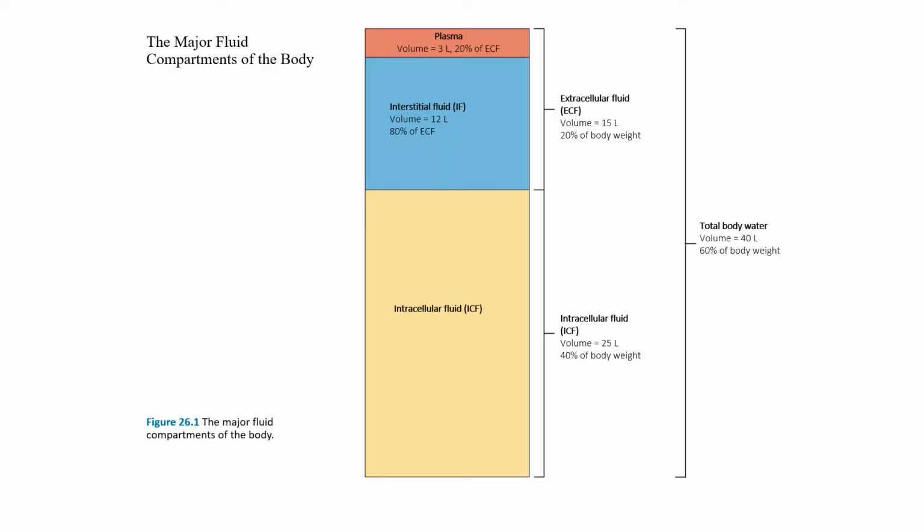So this is a nice picture that helps you visualize that most of the water is going to be inside the cells, okay? And then followed by interstitial fluid, and the least amount of water is going to be in the plasma.